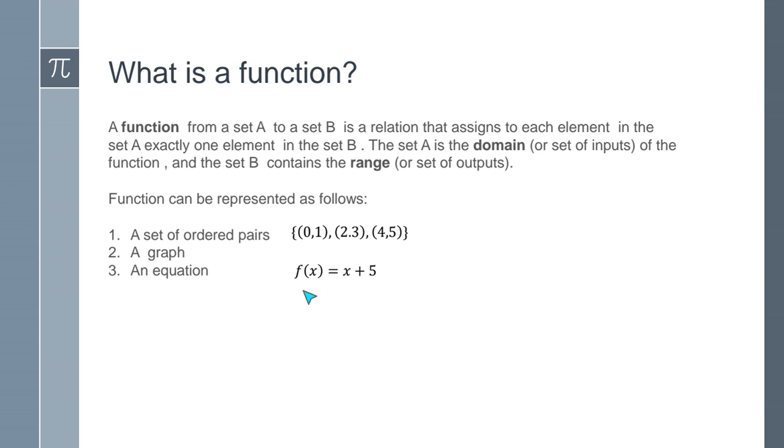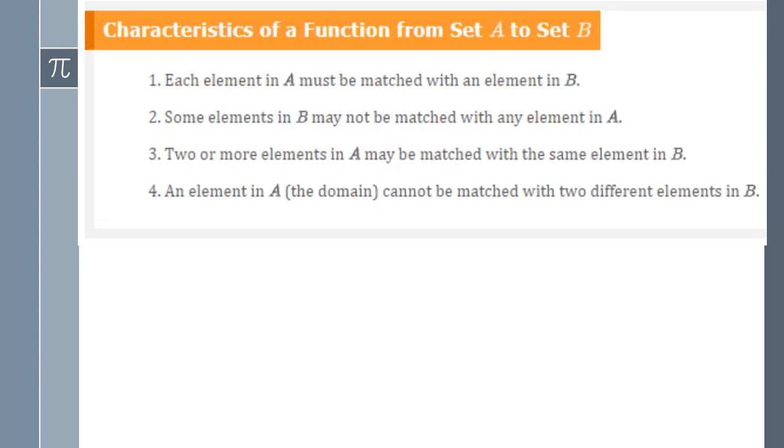Okay. Now, in order to determine if something is a function, it should meet these criteria here. Each element in A must be matched with an element in B. Some elements in B may not be matched with any element in A. So everything in the first set has to be matched in the second set, but if the second set has extra points, they don't have to be matched.